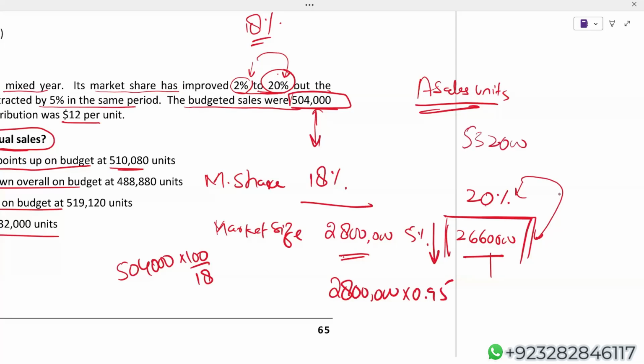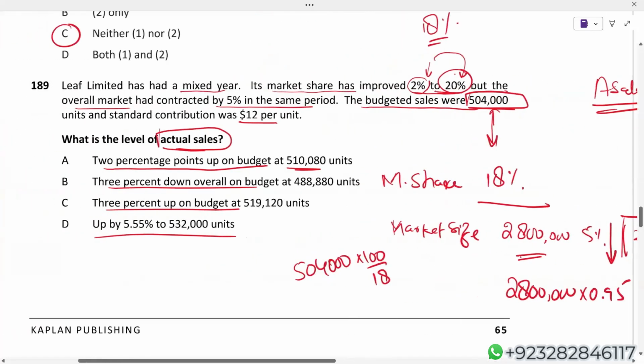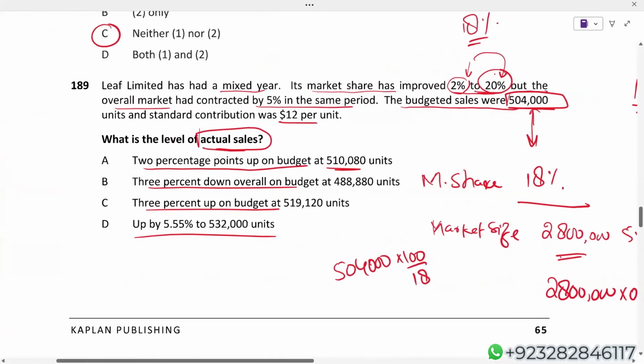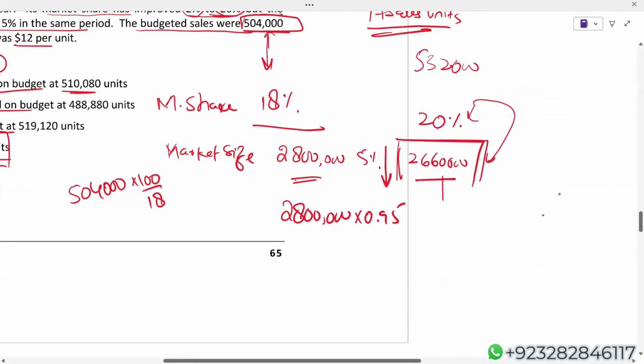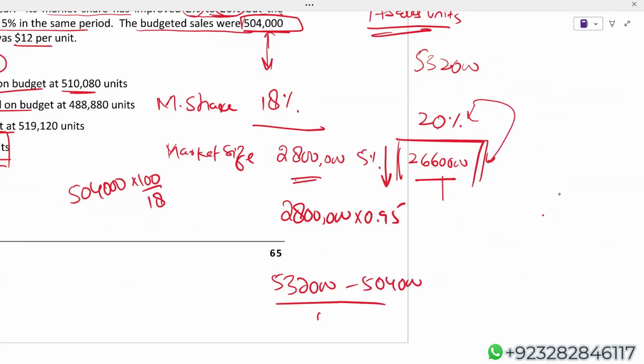So logically, actual sales units are 5,32,000. We can calculate the increase also. Previously, we had a budget of 504,000.